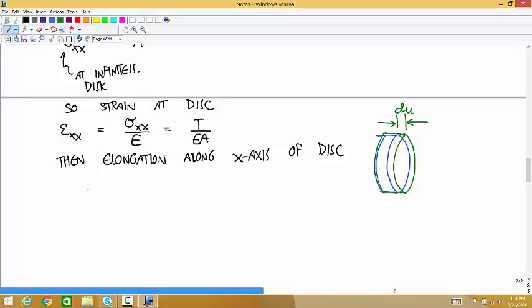And you can calculate this as: this infinitesimal change in length along the x-axis is equal to that internal tension times dx divided by EA.